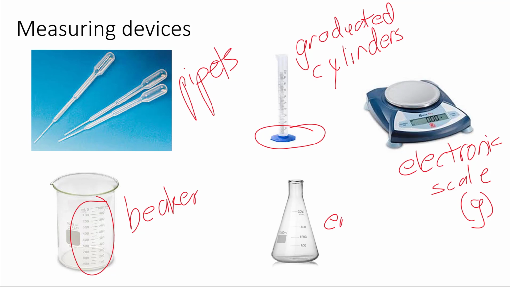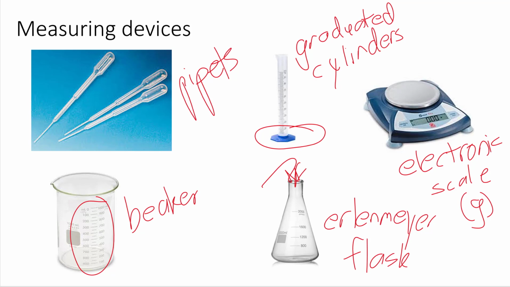This is called an Erlenmeyer flask. We use Erlenmeyer flasks sometimes instead of beakers because it allows us to mix without spilling. You can also put a stopper in the top of the flask, so you can contain a liquid, or you can put a stopper with a hole in it to be able to transfer liquids or gases from the flask to something else once it's being produced in a chemical reaction.